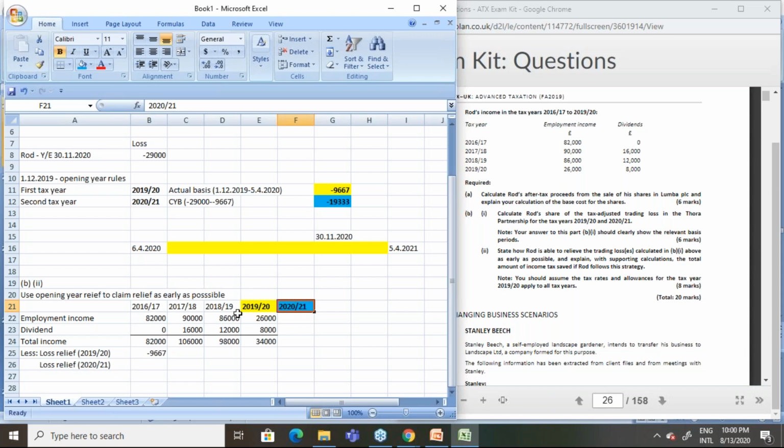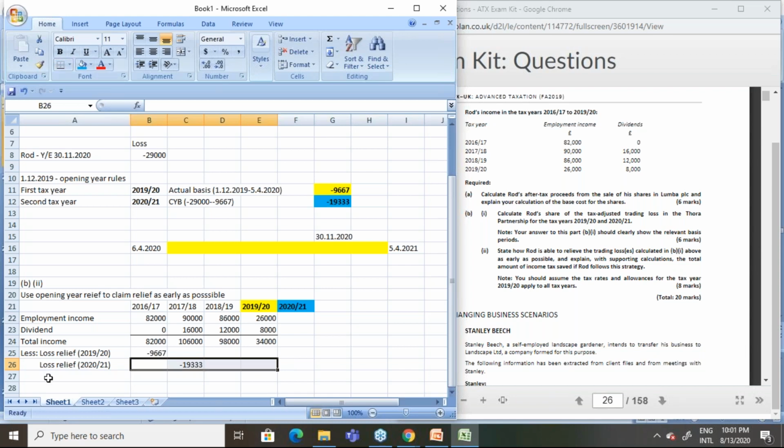Maximum you can carry back 3 years. So from 2021, you carry back 3 years, 19-20, 18-19, 17-18, according to first in, first out basis. So you have to start with 17-18, which is 90,000, and deduct 19,333. When you deduct, you get an answer that is what we call net income.